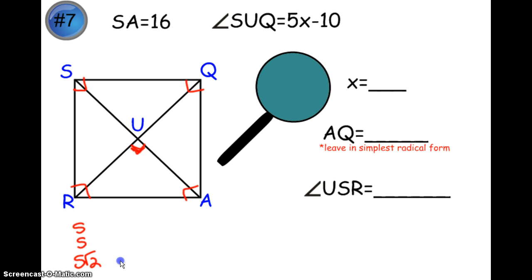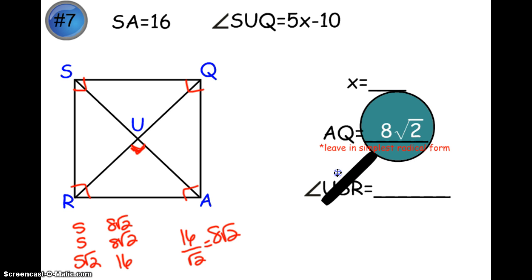I know that my hypotenuse is 16, so in order to find my sides, I have to divide by root 2. And after I rationalize, I get 8 root 2. So for AQ here, I have 8 root 2, which we can confirm.